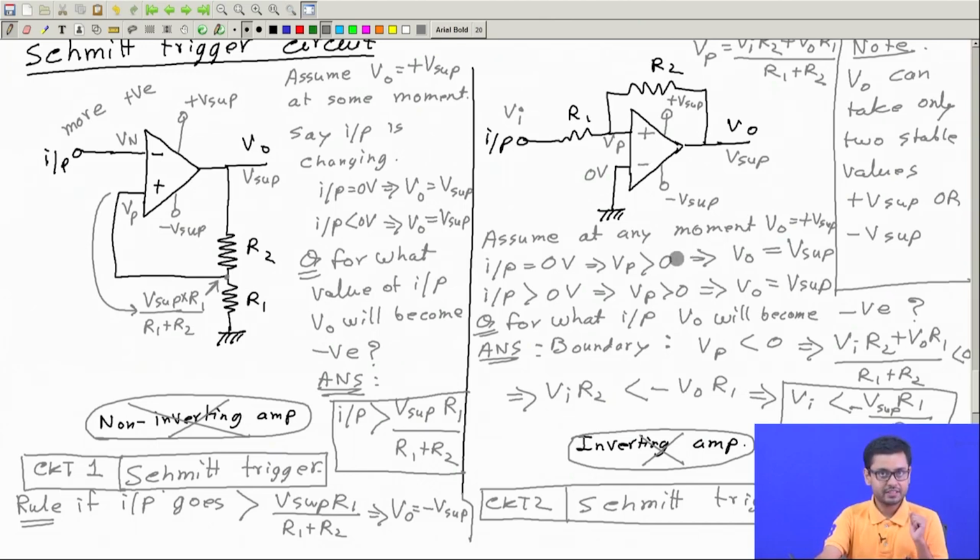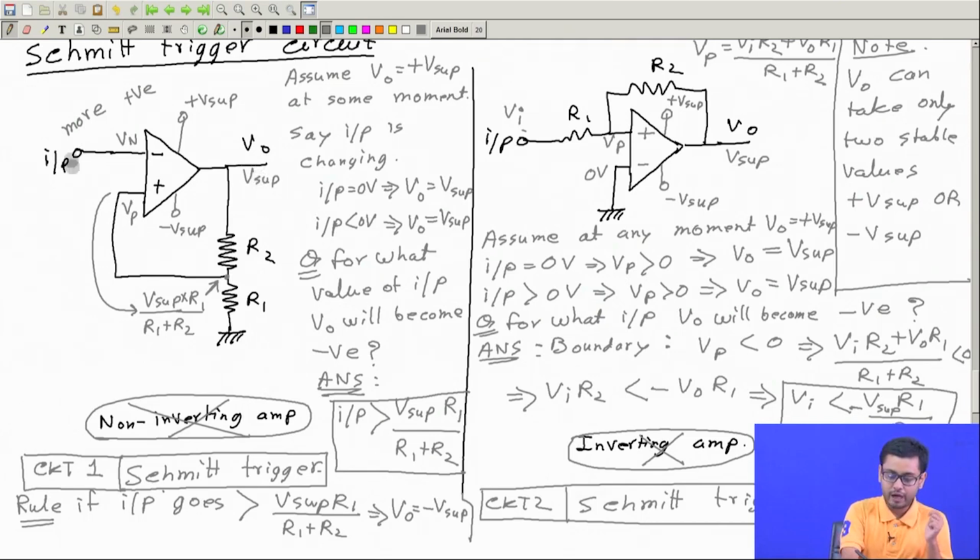To find that, you simply have to consider the rule of the op amp, which says output becomes positive if V p is higher than V n. So, find out the value of input which will make V p higher than 0 volt or lower than 0 volt. Similarly, here in this circuit V p is at this voltage which depends on V supply.